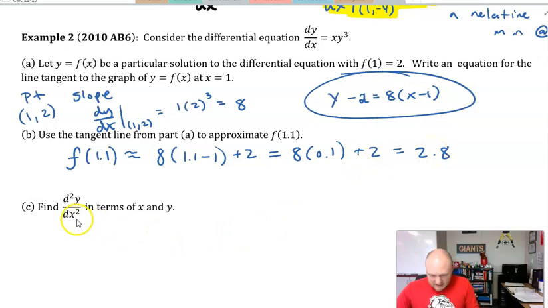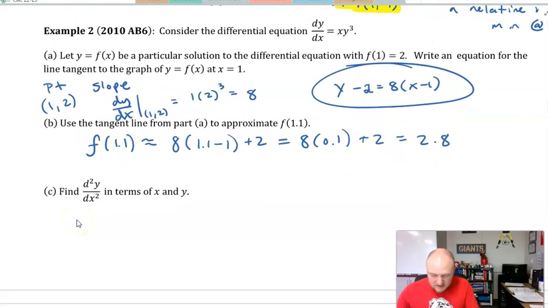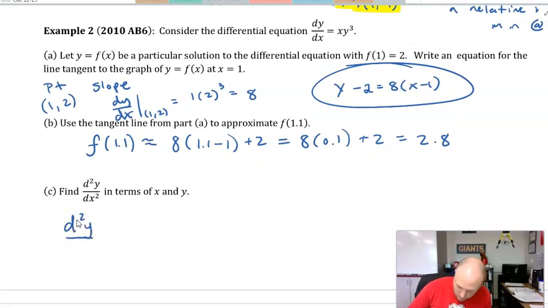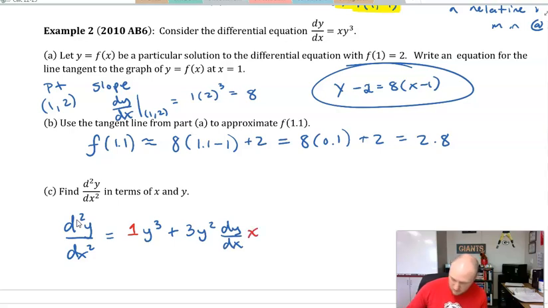And then part C, in order to find the second derivative, we're going to have to do product rule, because they're multiplying. So derivative of the first, which is just 1, times the second, y cubed, plus derivative of the second, 3y squared dy dx, times the first, which is x. And they want it in terms of x and y.